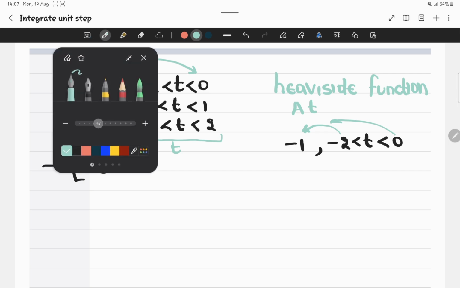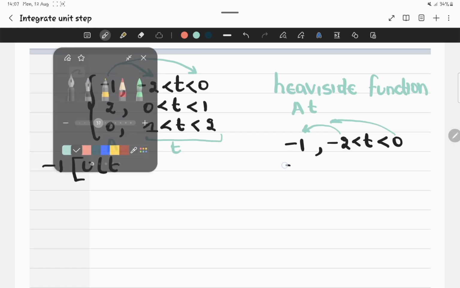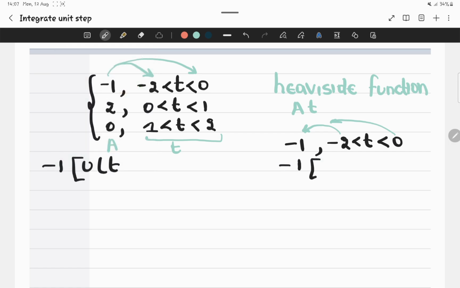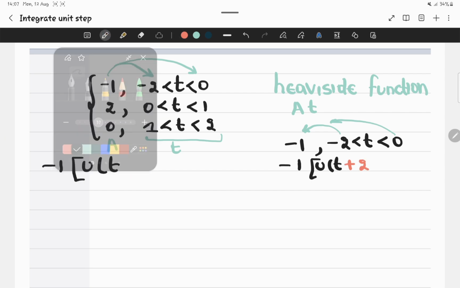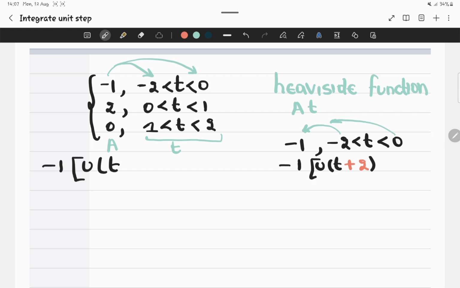What I mean is -1 u(t): if you move this negative to the other side, it's going to be +2. Remember the sign has to be negative in between.